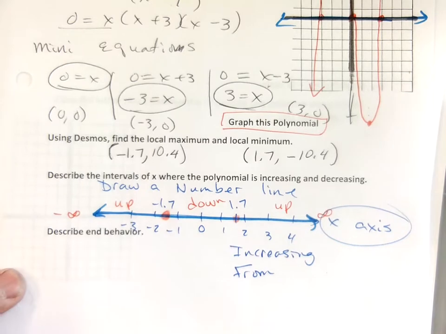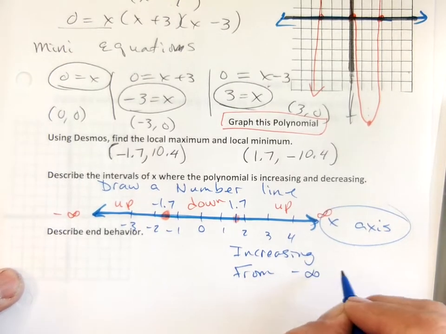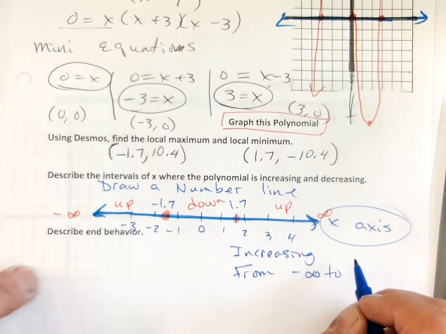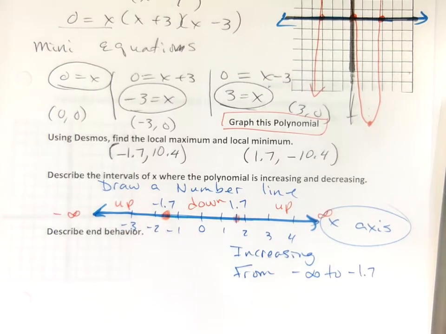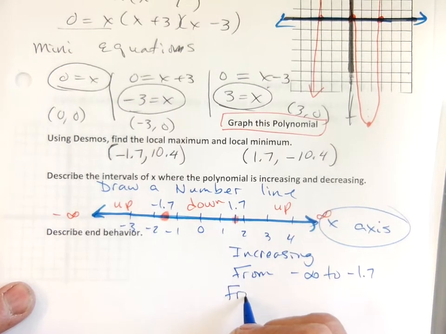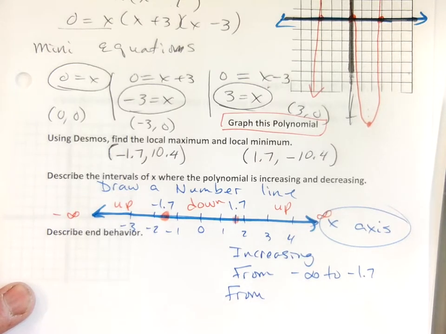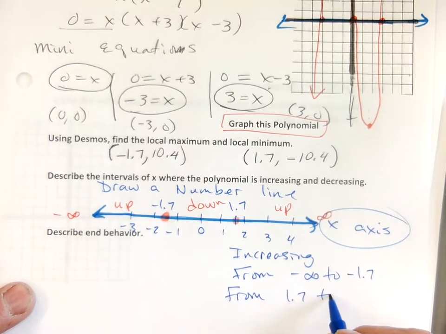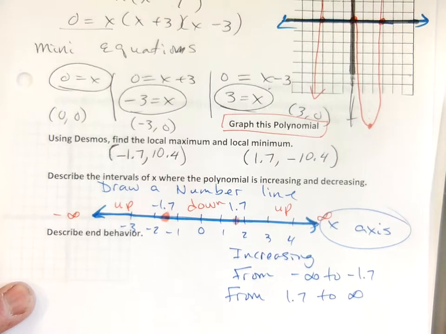From negative infinity to negative 1.7. Where else is it going uphill? From 1.7. So it goes uphill in two different places. From 1.7 to infinity. Awesome. That's easy.